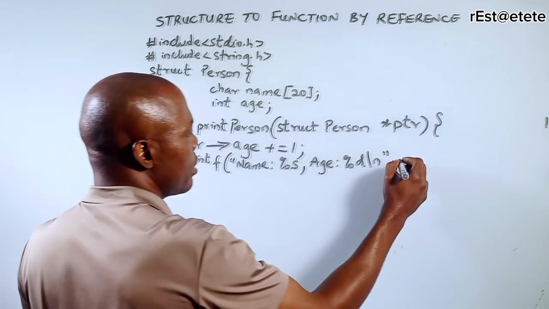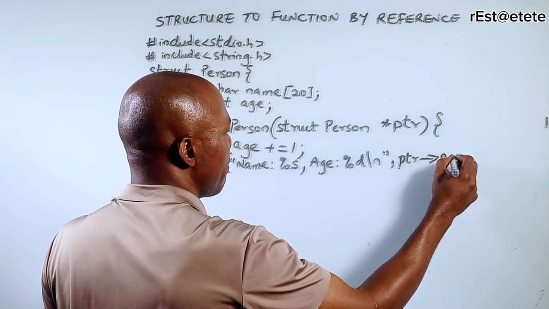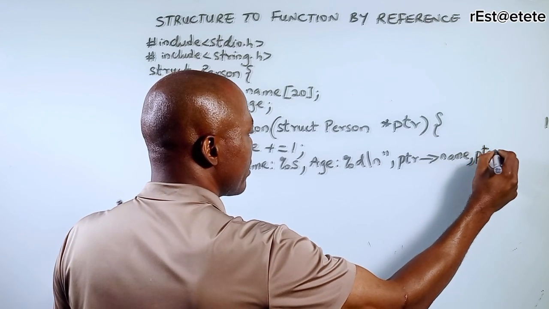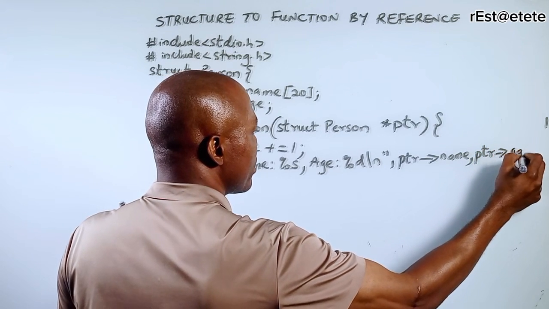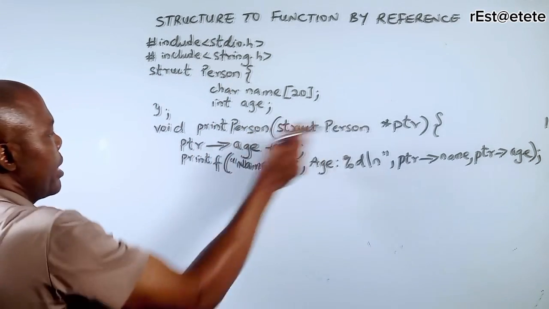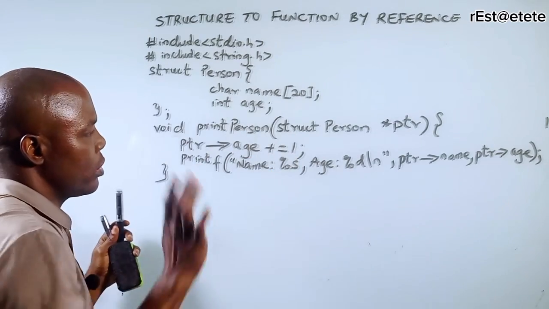For this one it will be ptr arrow name, comma, ptr arrow age. Then I'm going to close my function here. So this is my function.